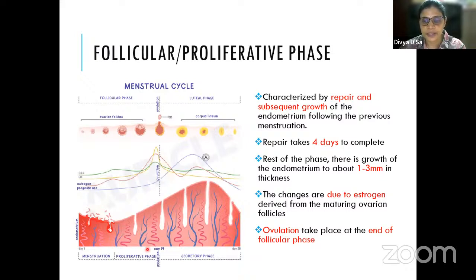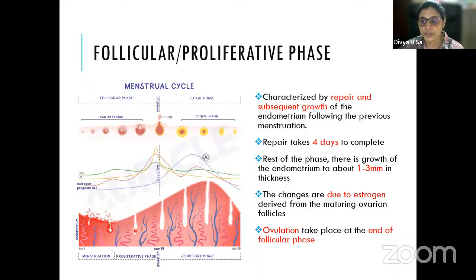This repair takes about 4 days to complete. After that, the rest of the phase continues up to about 14 days, so from the 3rd day up to 14 days.